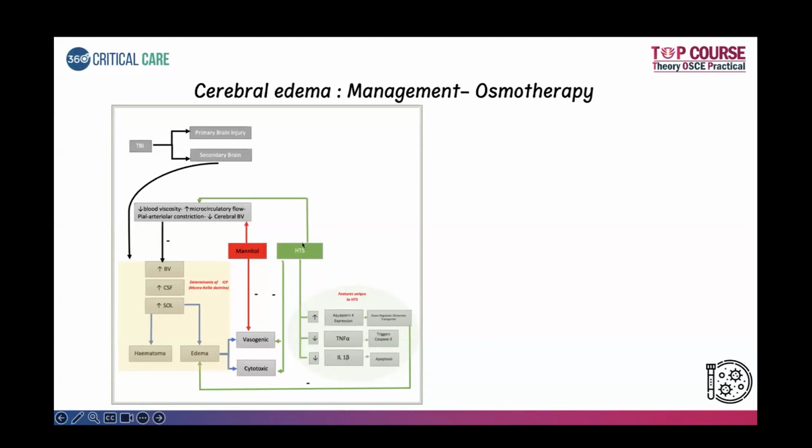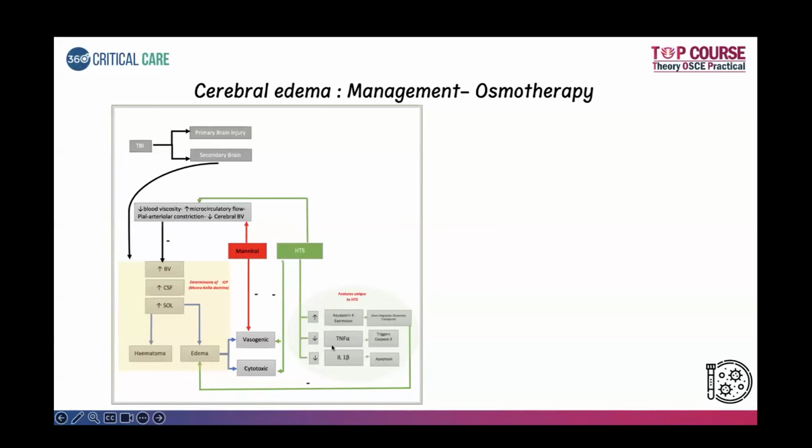So hypertonic saline works in both cytotoxic and vasogenic edema. How does it work? It increases the aquaporin 4 expression, thereby downregulating the glutamate transporter. So the inflammatory or the excitatory pathway of the brain edema is negated, to some extent, by the hypertonic saline.